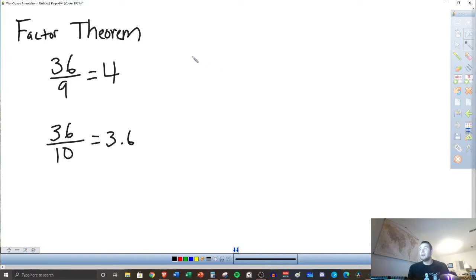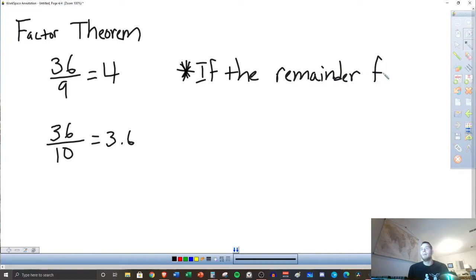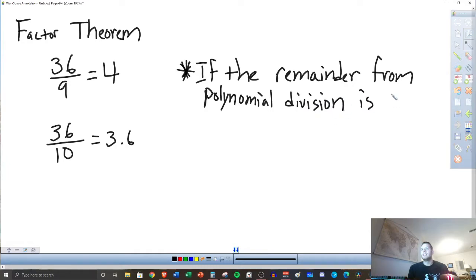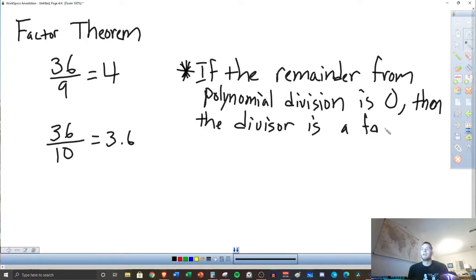Okay. So here's going to be our statement for this. If the remainder from polynomial division is 0, then the divisor is a factor of the dividend.